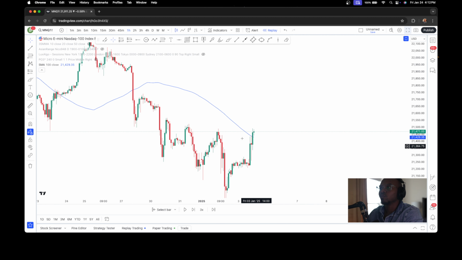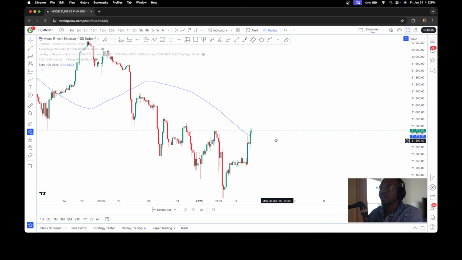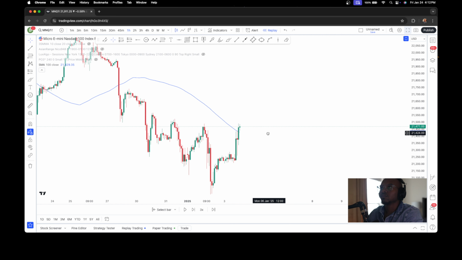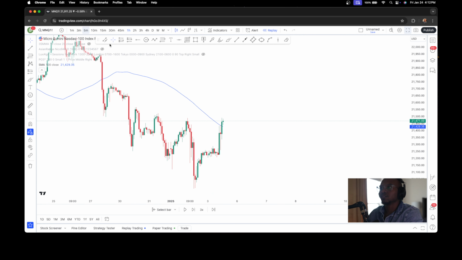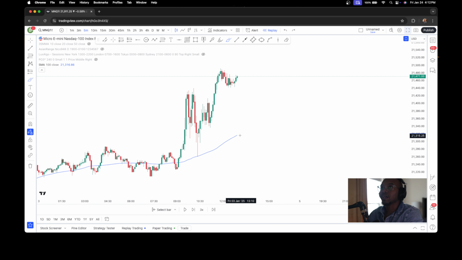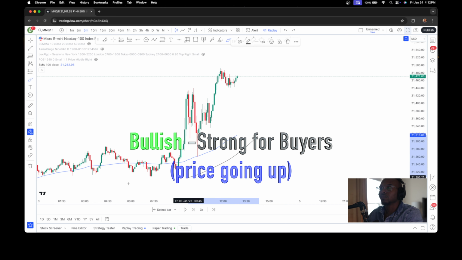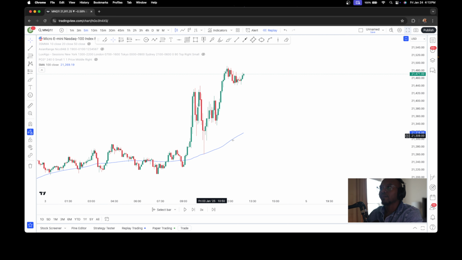Now we're touching that average price point. If we go down again, as you can see on the lower time frame, the average price for the last 100 candles is super bullish right now. The average price is actually quite high.